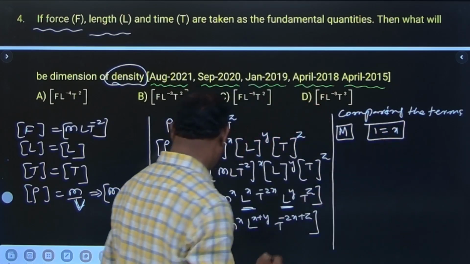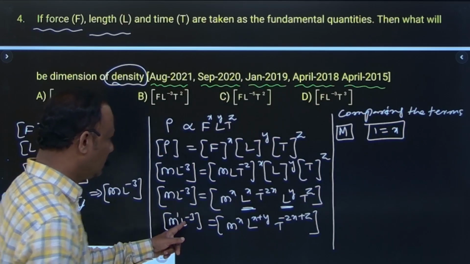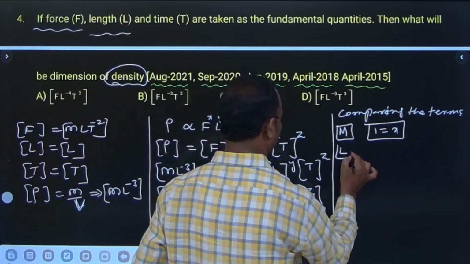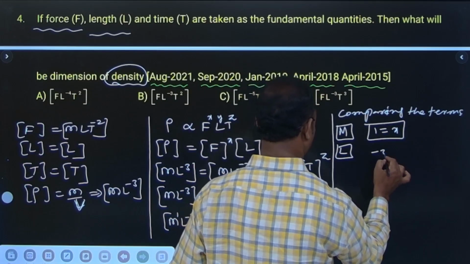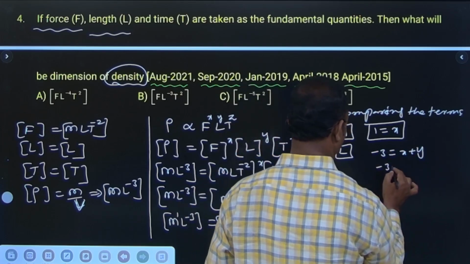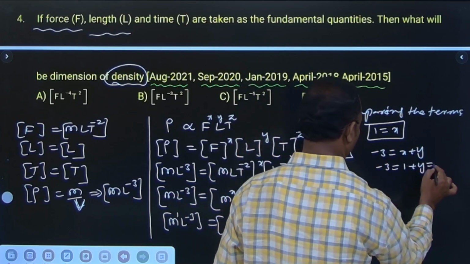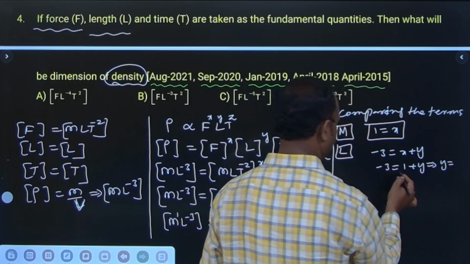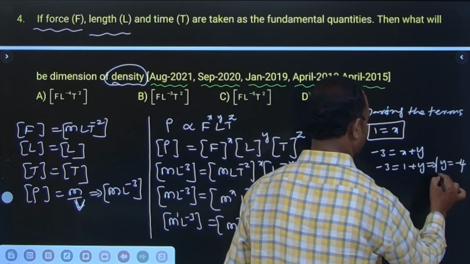Next, comparing the powers of L: minus 3 is equal to x plus y, so minus 3 is equal to 1 plus y. Y is minus 3 minus 1, which is minus 4.